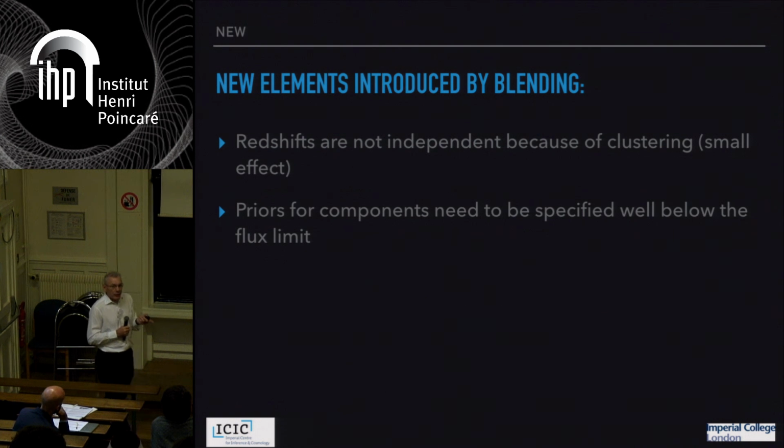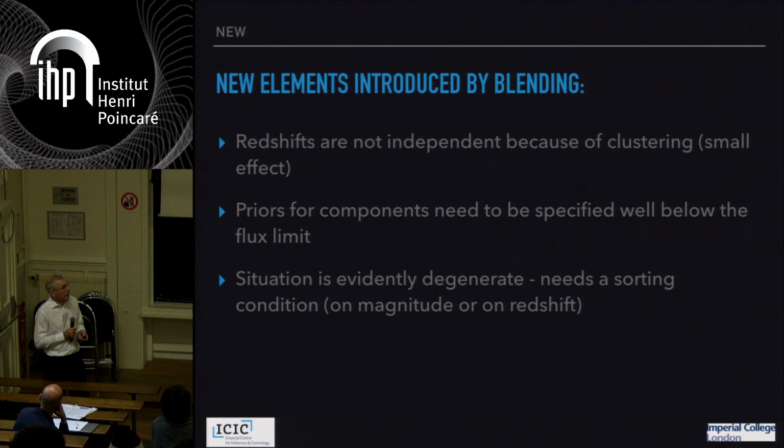Another complication is that, unlike in the single source case, the priors for the components need to be specified to well below the flux limit. For a single source, the chances of it being well below the flux limit and bumped up by noise are very small. But here, we don't know what the fluxes of the individual components are, and one of them may be very small. So you need to specify priors on the magnitudes that go well below the flux limit.